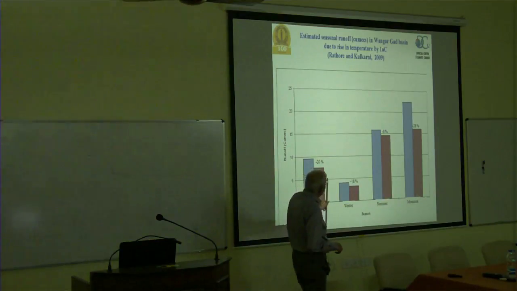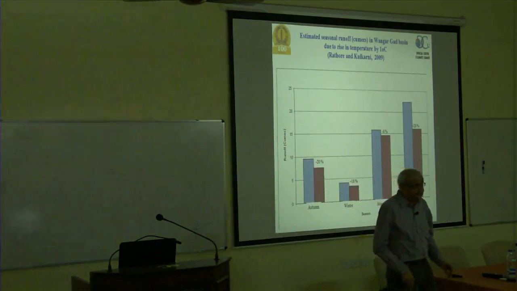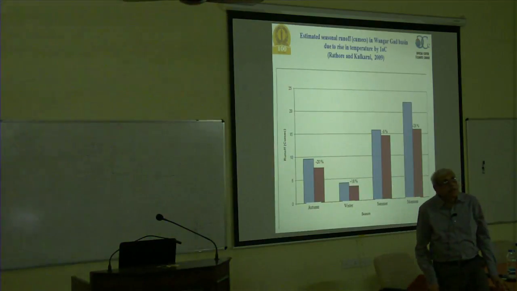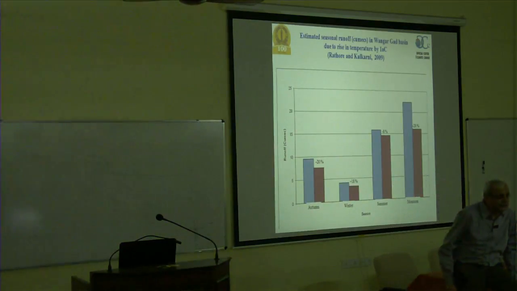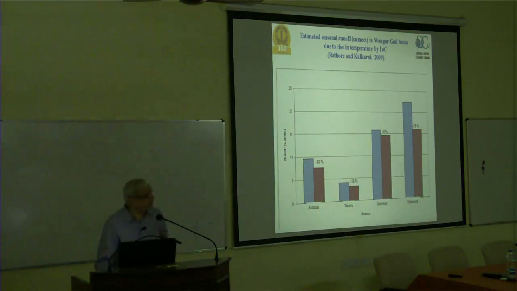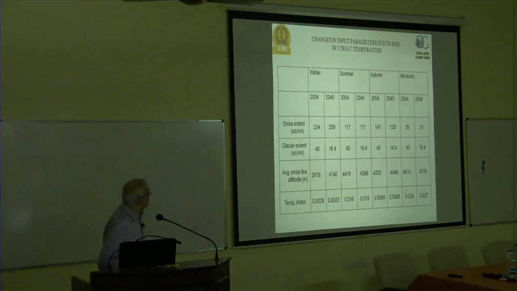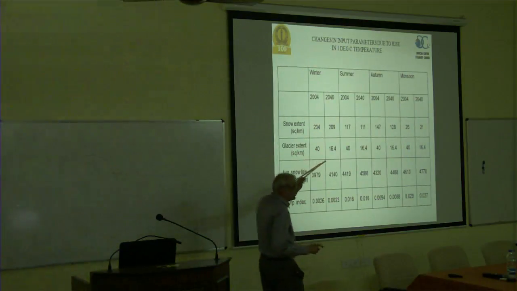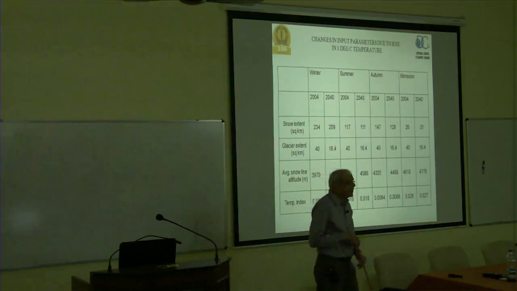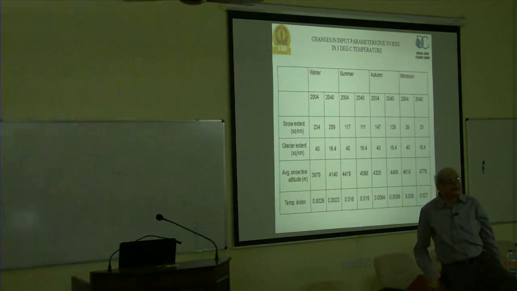You can see 28. This is possibly because there is a substantial reduction in areal extent of glaciers, if you have seen, from 40 to 16 square kilometers.